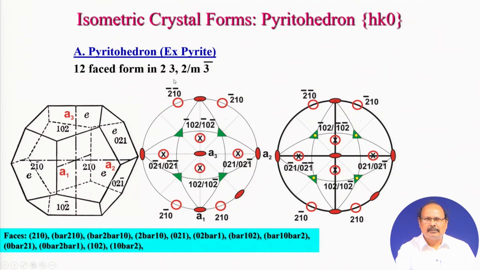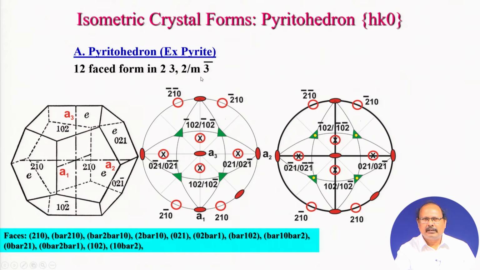Now, we have seen this 12 faced form here using this particular point group of symmetry 2 3. So, if you change the point group of symmetry to 2 over m bar 3, what happens? So, these 3 two-fold axes remain. Essentially, you have perpendicular mirror planes, which are now shown by these 3 bold lines here, and this is the horizontal mirror plane perpendicular to this vertical 2-fold axis, and these are the positions of triads here.